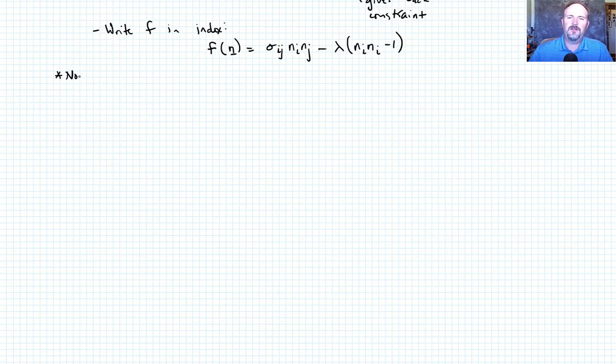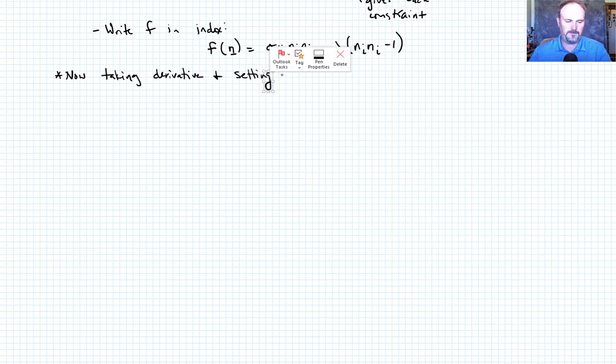Now, taking the derivative of f with respect to nk and setting it to 0, right? Hopefully you're familiar with that. Okay, we end up writing partial f partial nk is equal to 0.